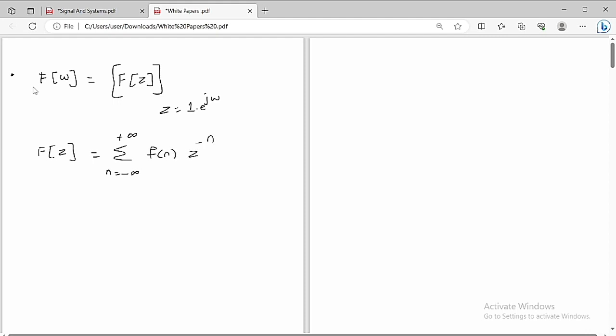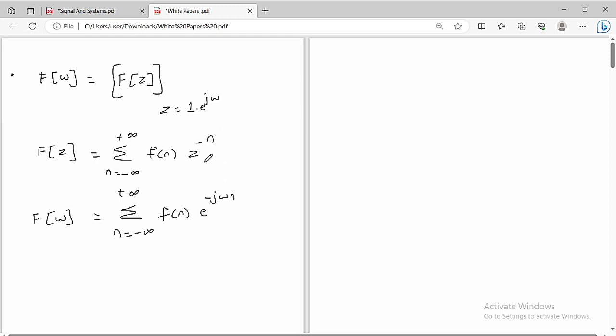In place of z, if you substitute e to the power of j omega, we get the discrete time Fourier transform, which is the sum from n equals minus infinity to plus infinity of f of n into e to the power of minus j omega n. So this is called the discrete time Fourier transform of the signal f of n, and the previous one is called the z transform of f of n. This point you always have to keep in your mind.